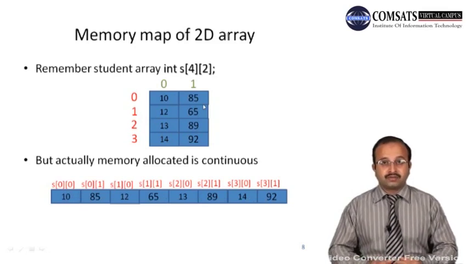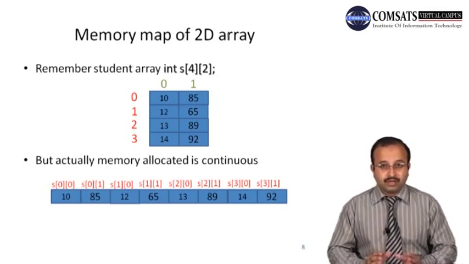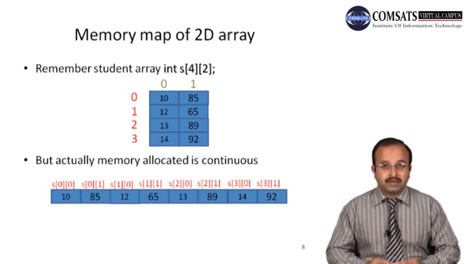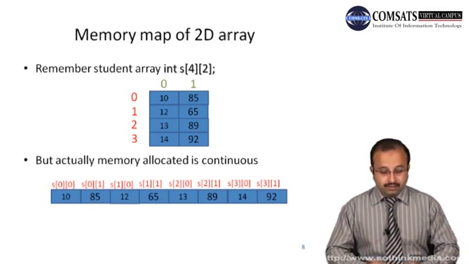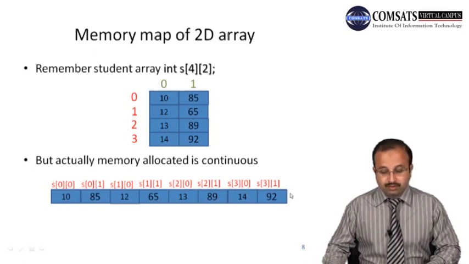Because for the understanding purpose we write it in the tabular form, but in the memory, since you are a C programmer, now you know how the memory is actually allocated for the arrays. For the 1-dimensional array, 2-dimensional array, 3-dimensional array, 4-dimensional array, the memory allocated is continuous, right? You have to remember this. So you see this is 00, 01, 10, 11, 20, 21, 30, 31.